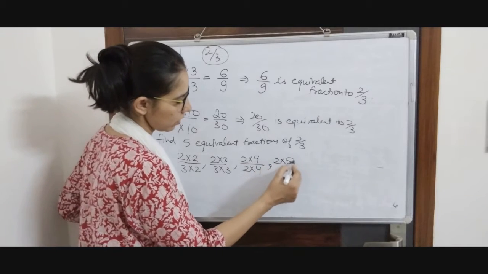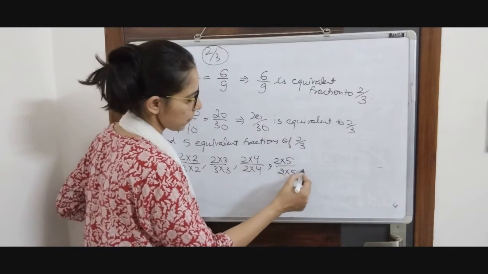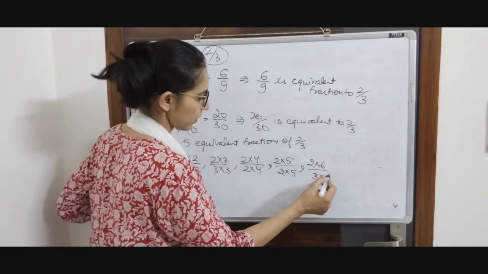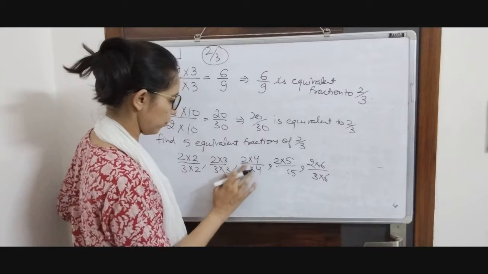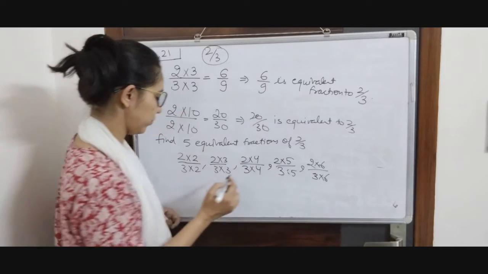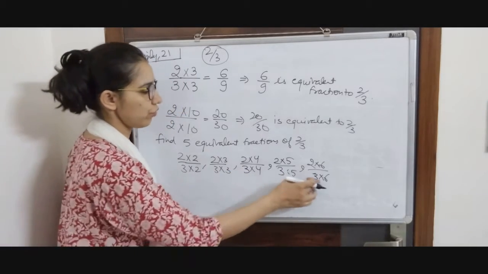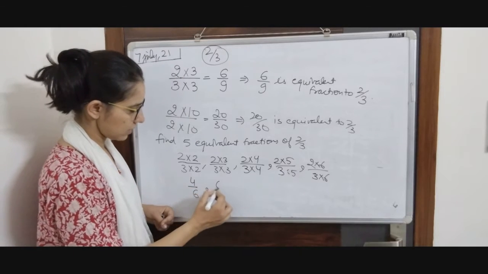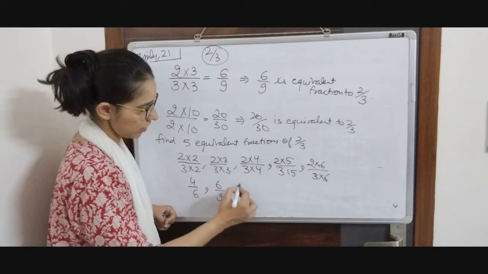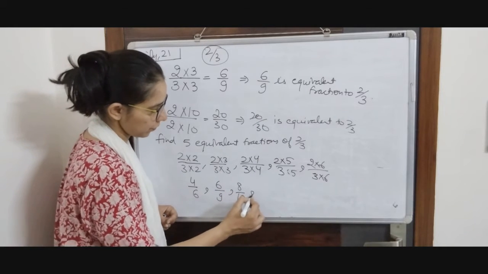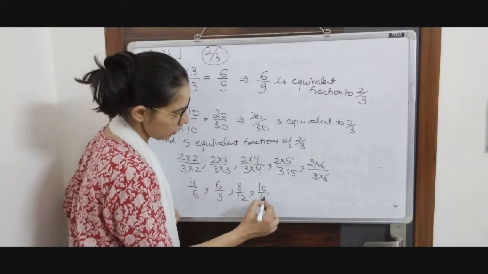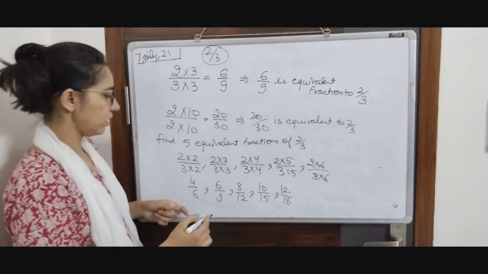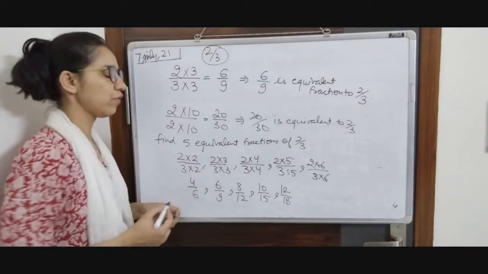So multiply by 2, 3, 4, 5, 6. Okay, 2 by 3. So 1, 2, 3, 4, 5. This is going to be 4 by 6, then 6 by 9, then 8 by 12, then 10 by 15, and here 12 by 18. So these are equivalent fractions of 2 by 3.